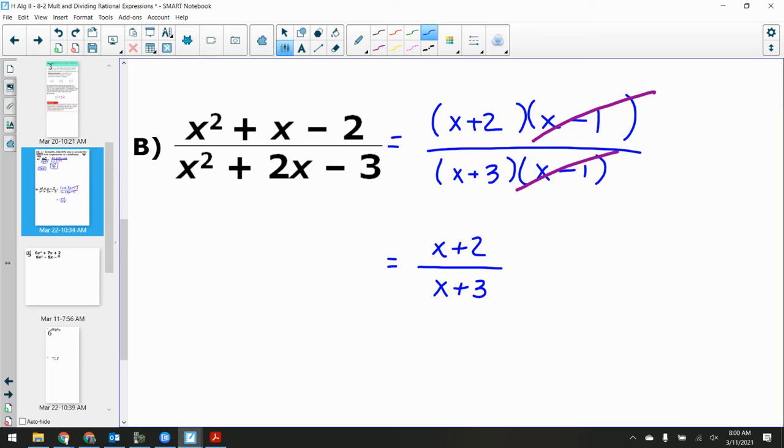For example, if I look at this number, 2 plus 3 divided by 2 plus 7, can the 2's reduce out? Will this fraction become 3/7? No. It's really 5/9, right?